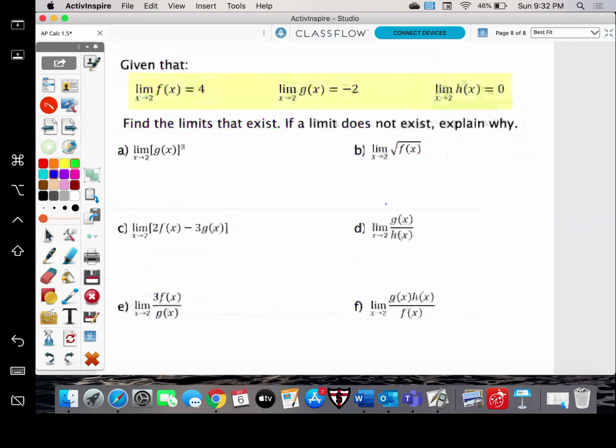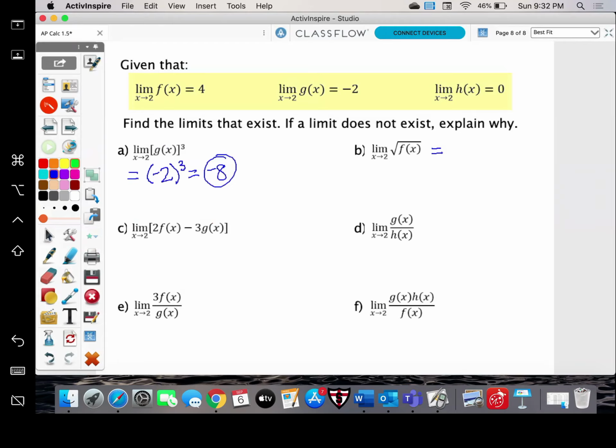All right, A here, we're going to take the limit as x approaches 2 of g of x cubed. So up top, I was given some of those values. So this one is going to be a negative 2 cubed. So a negative 8.